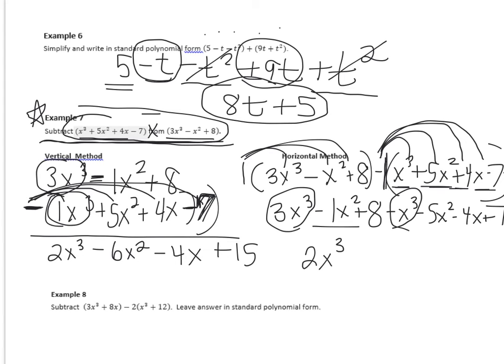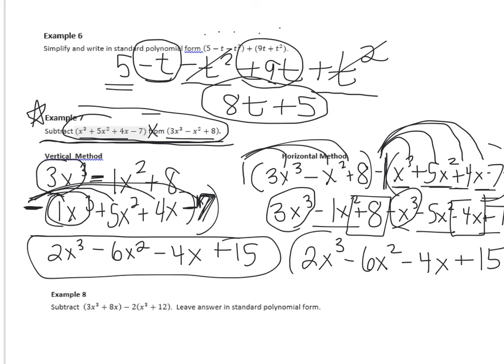Negative 1x squared minus 5x squared gives you negative 6x squared. You have nothing to combine this negative 4x with, so we'll just say it's negative 4x. And positive 8 plus 7 is positive 15. We got the same thing over here as we got over here.